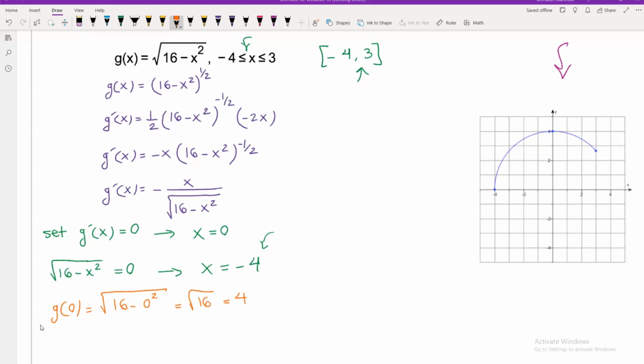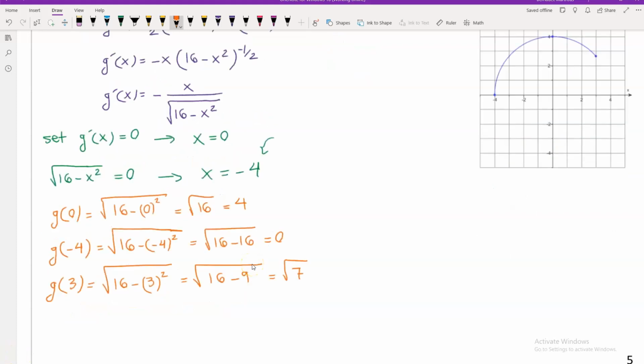And here we have a critical point, -4, but our endpoint is the same number, -4. So next step, finding g of -4 and g of +3. What we have for g of -4 is the square root of 16 minus (-4) squared, so that is equal to 0. And g of +3 is equal to the square root of 7.